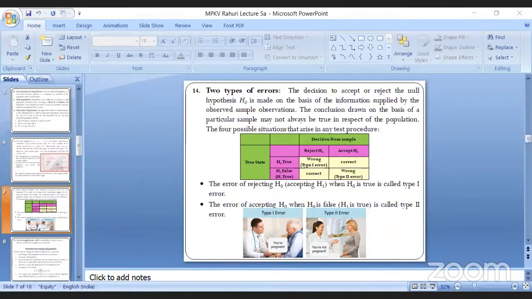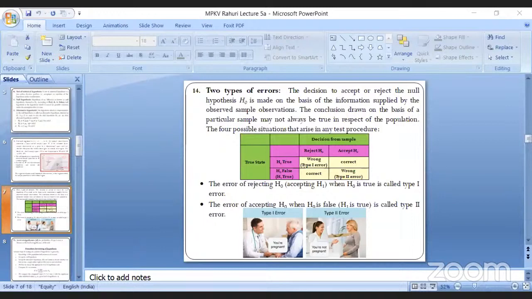Either we are rejecting the null hypothesis when it is correct, or we are accepting the null hypothesis when it is wrong. That is error. Generally, we should reject the null hypothesis when it is wrong. So when we accept the null hypothesis when it is false, that is known as type 2 error.